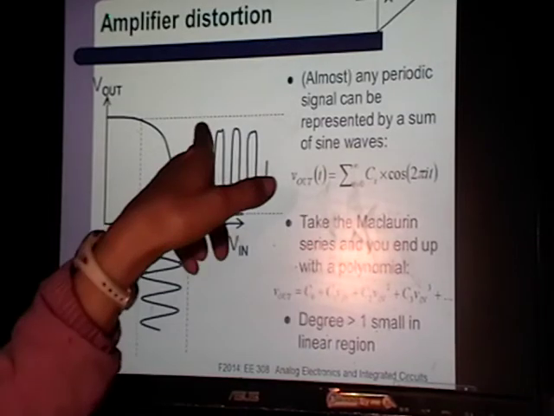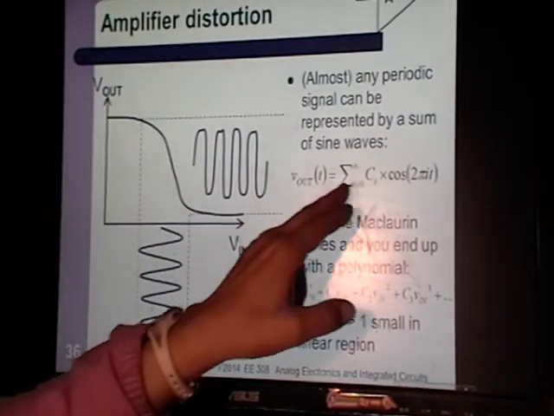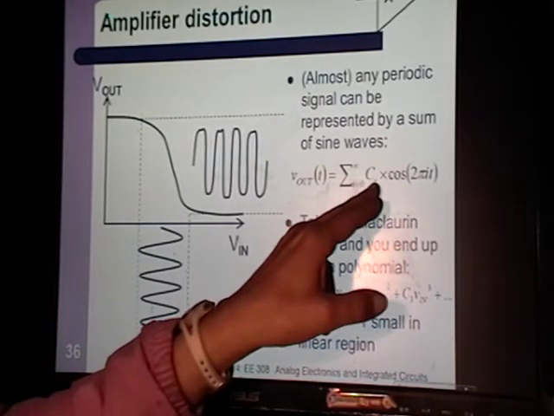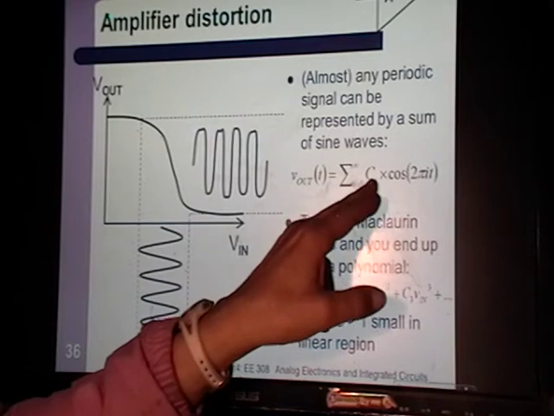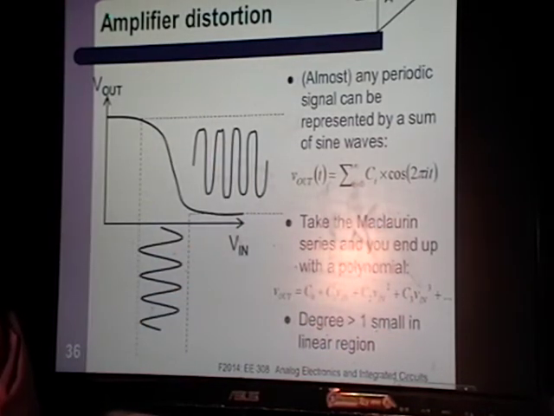This over here, since it's slightly distorted, but it's still periodic, can be represented by the sum of some cosines, each with their own coefficient. That should have come from your signals class.